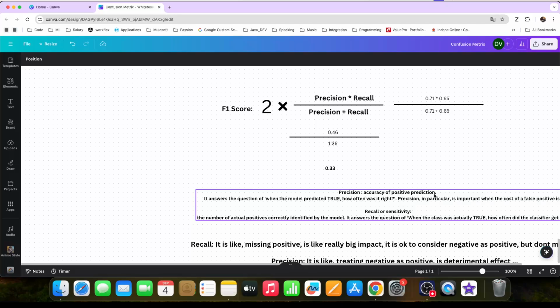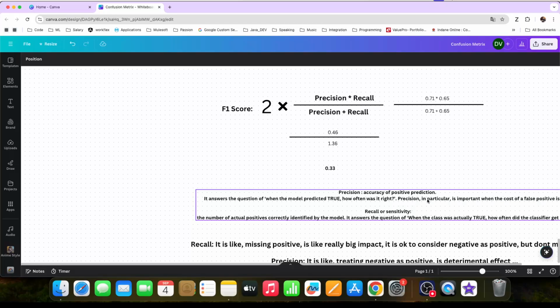How many times, whenever the model said, hey, it's a truck, third time, hey, it's a truck, and the fourth time, oh no, it's not a truck, but actually it was a truck. So how many times was my model right when it was predicting true? When the model predicted true, how often was it right? This is what precision says.